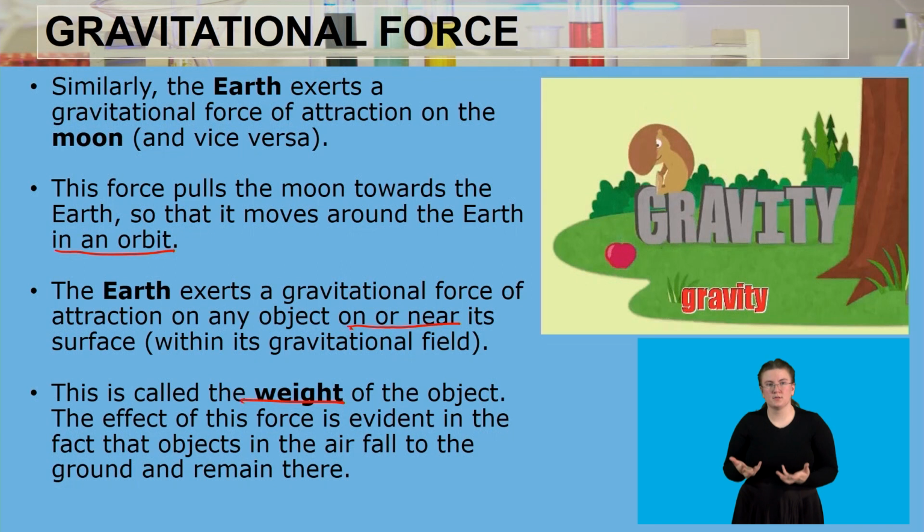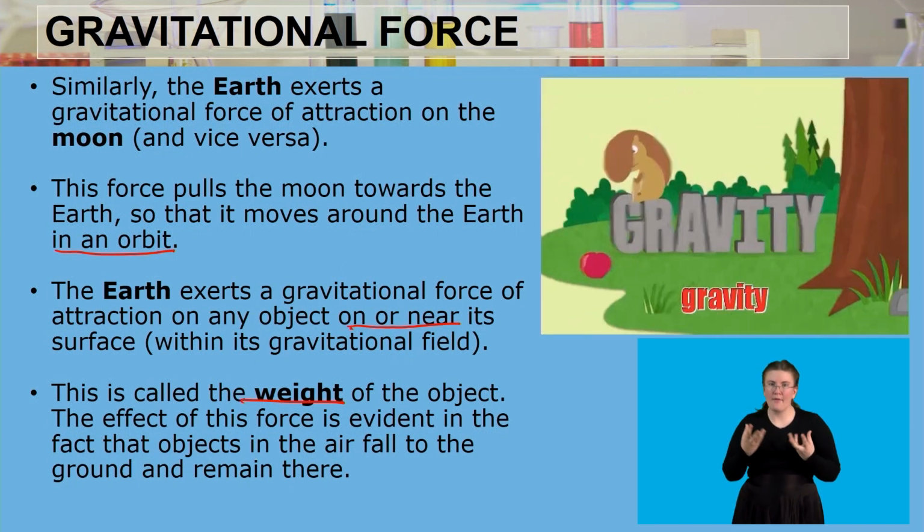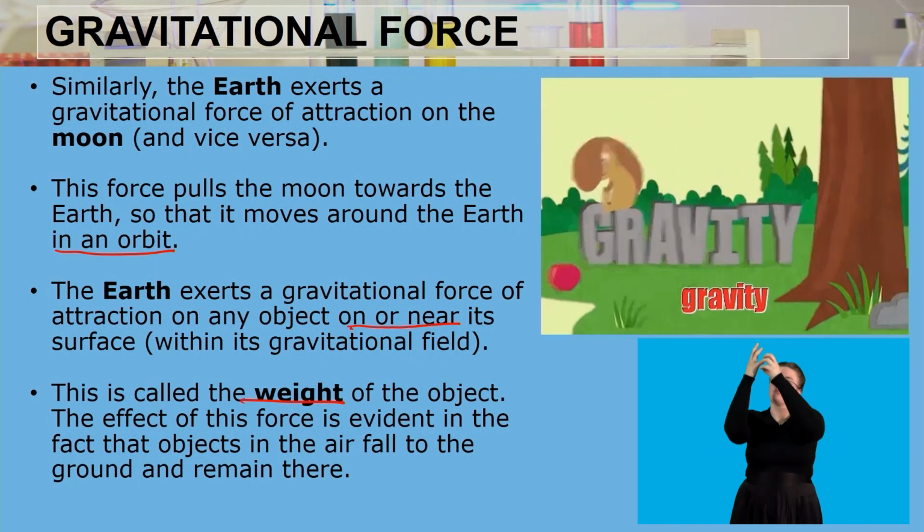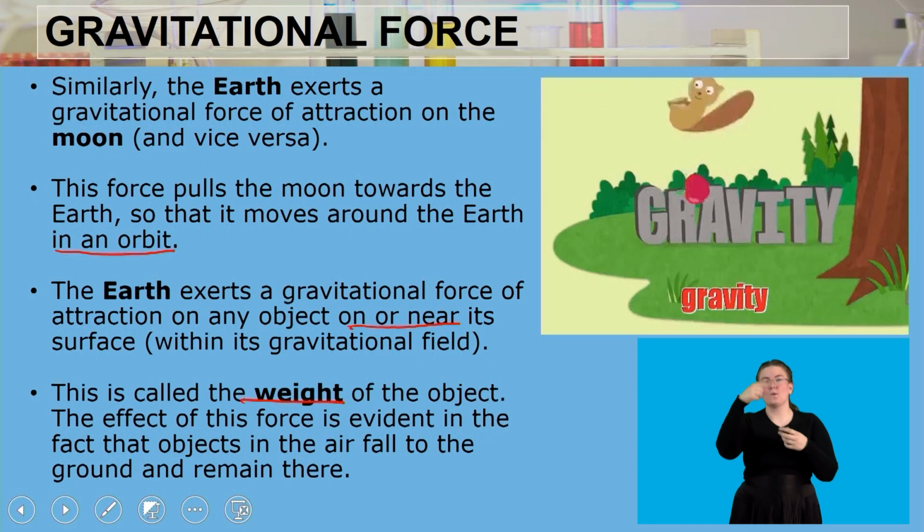So it's the weight of an object, and the effect of this force is evident in the fact that objects in the air fall to the ground and remain there. Because the objects that are in the air always come back to the ground. So what goes up always comes down. And because of that force, it is evident.